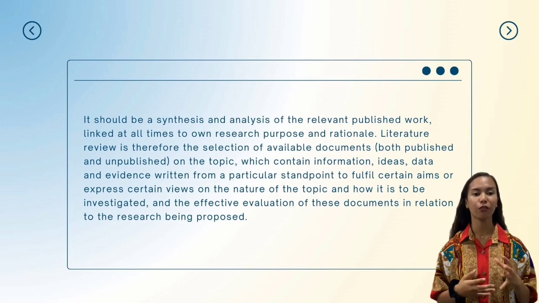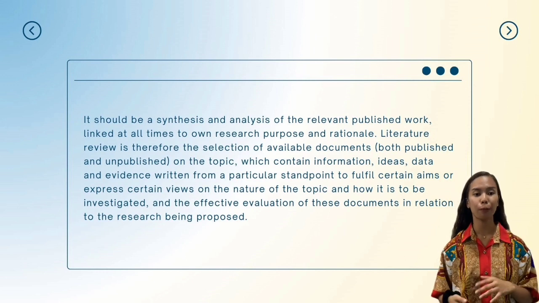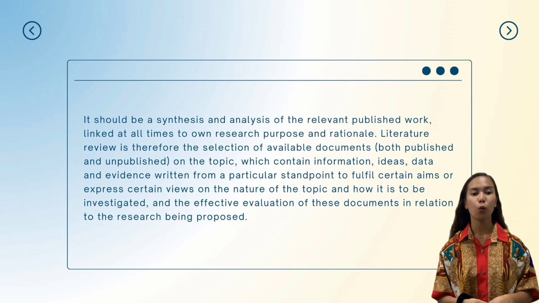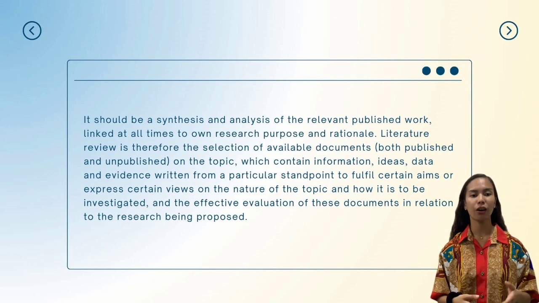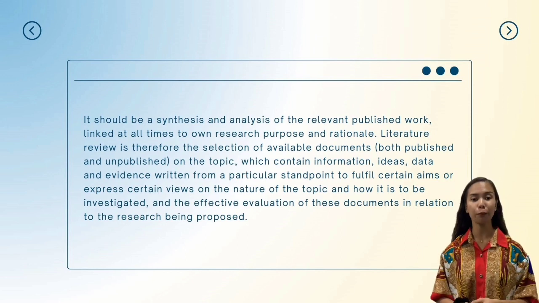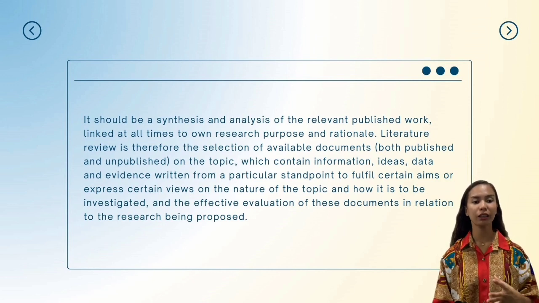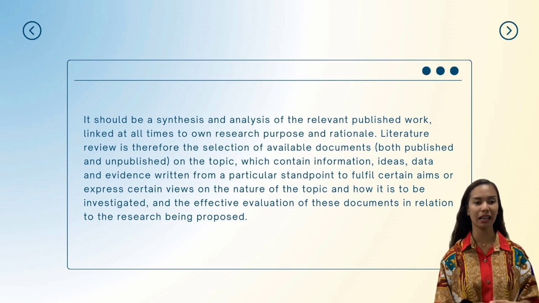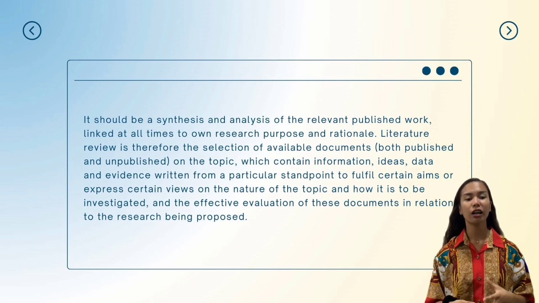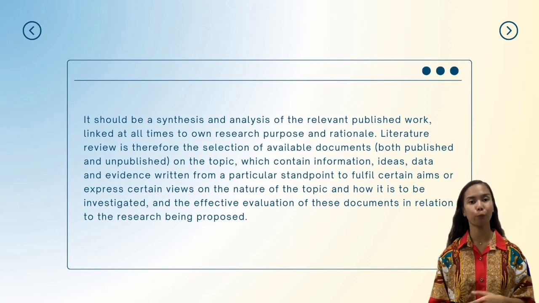Literature review is therefore the selection of available documents, both published and unpublished, on the topic, which contain information, ideas, data, and evidence written from a particular standpoint to fulfill certain aims or express certain views on the nature of the topic and how it is to be investigated, and the effective evaluation of these documents in relation to the research being proposed.